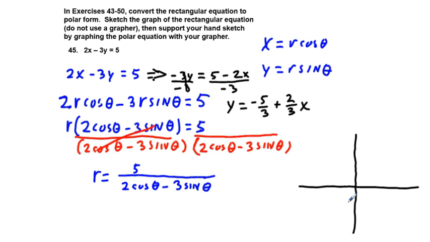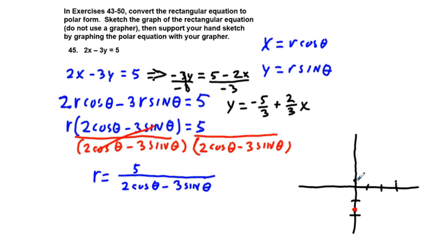And so we have a y-intercept of negative 5/3. I'll put this down here kind of close to negative 2. Put some red here. And we have a rise over run of 2 over 3, so we go up 2 and over to the right 3.